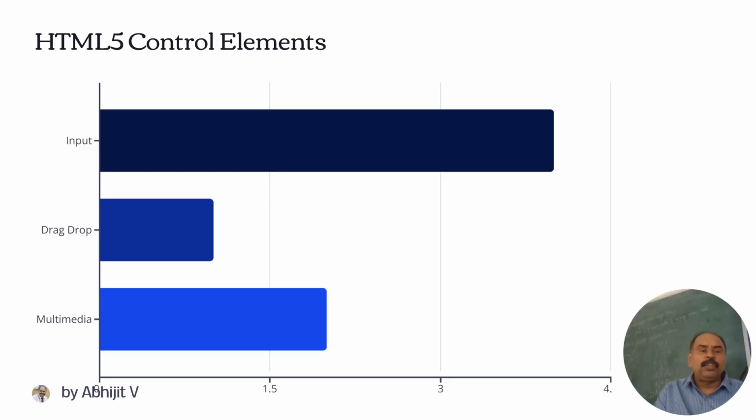Control elements, we have three types of control elements. One for multimedia: videos, images, audio files, all these things can be uploaded into HTML documents.